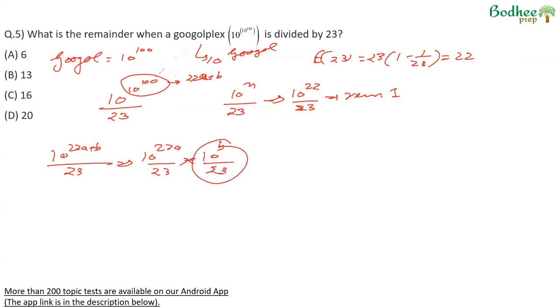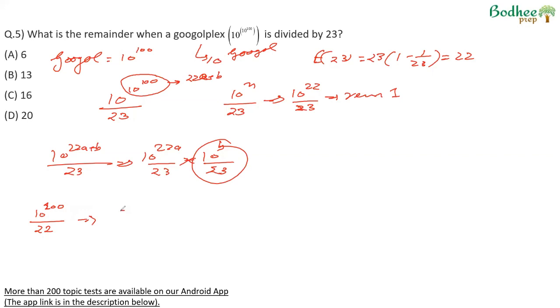So the first step is to break down the Google power into the form 22a plus b. So we look at 10 raised to power 100 and then divide by 22 to find the remainder and the value of at least b, if not a, because a is immaterial.